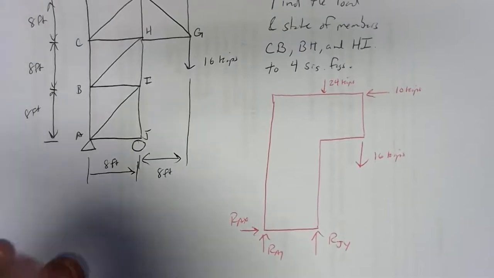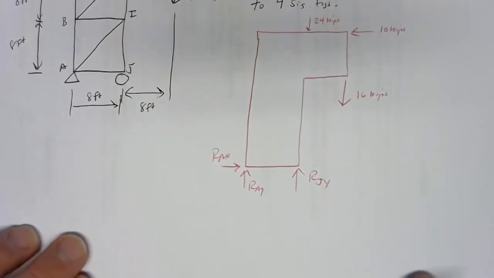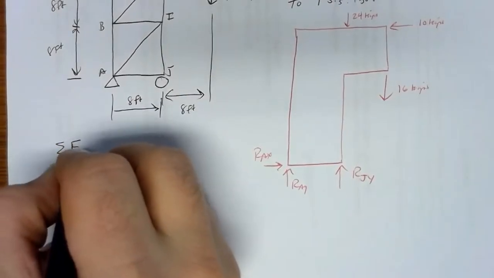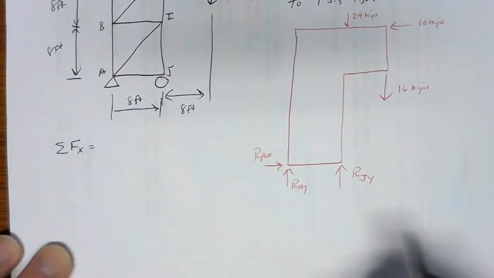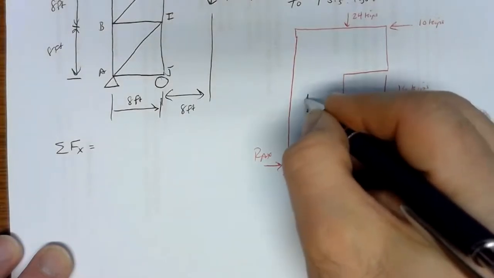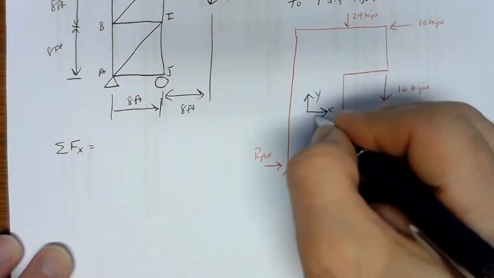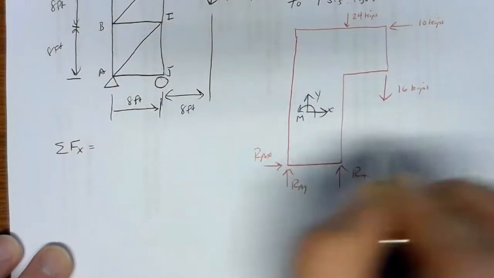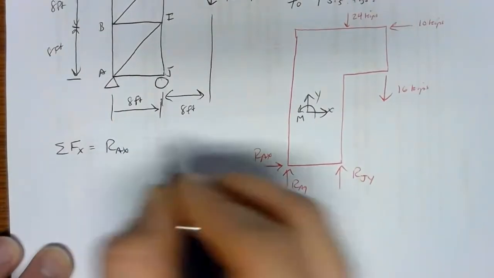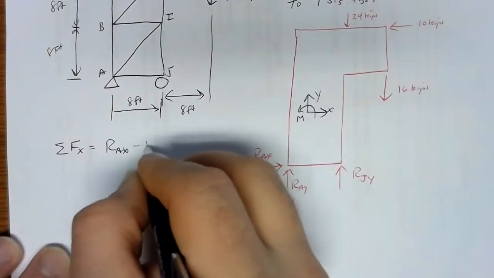So we need our equations of equilibrium. So we need the sum of forces in the x direction. And in the x direction, let's go ahead and draw our coordinate system. There we go. So in the x direction, we've got a positive RAX and a negative 10 kips.